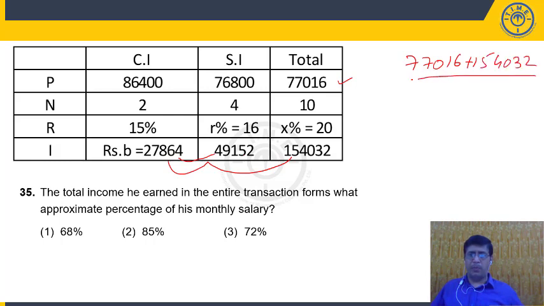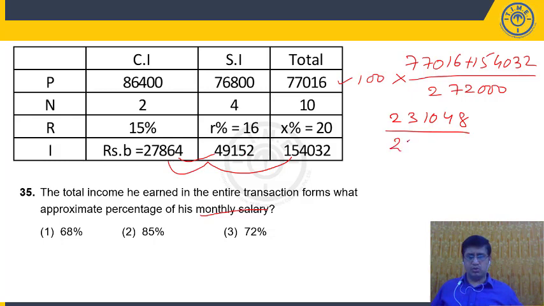Approximately what percent of the monthly salary? What is the monthly salary? 272,000. So, what to find here? The percentage. Adding the two values on the numerator, we get 231,048 by 272,000 into 100. Simplify this, and the result is approximately 85%.